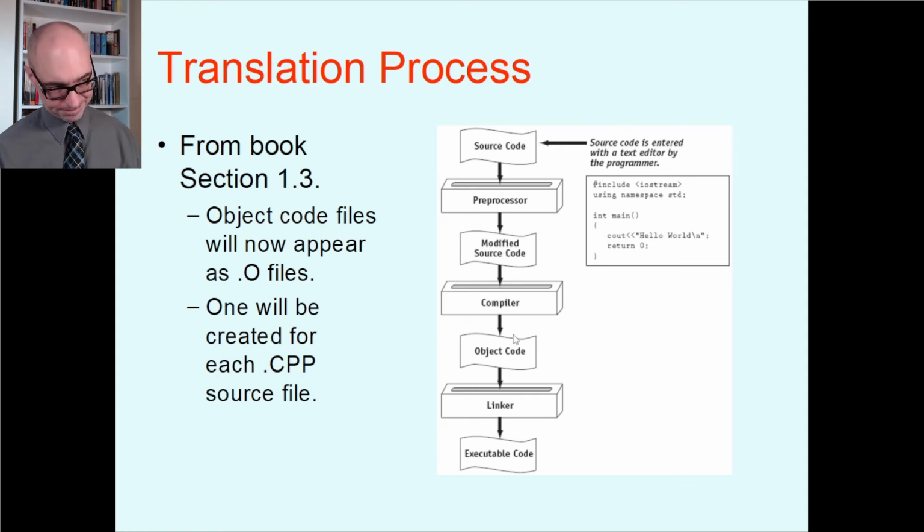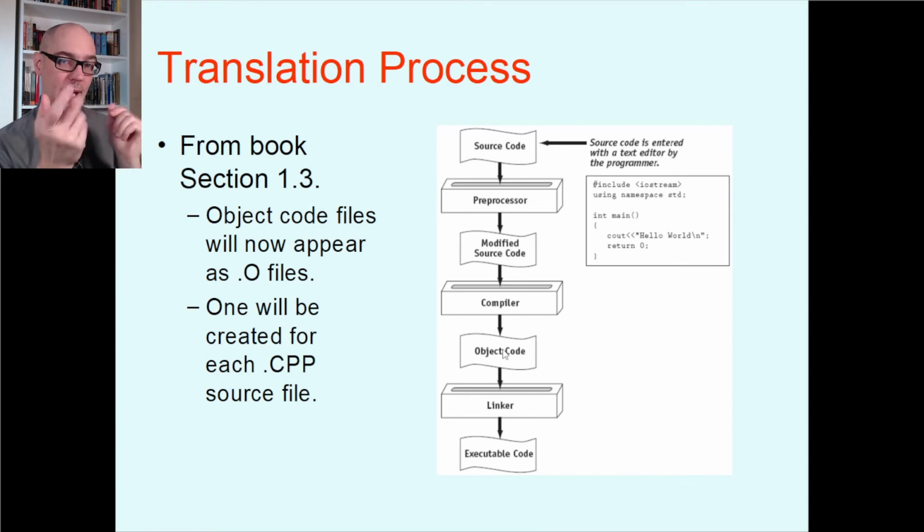Okay, then the actual C++ compiler comes through and translates that high-level modified source code to the object code, one file at a time. Technically, it translates it to the object code that the CPU actually knows about.